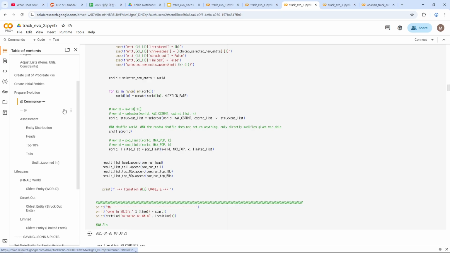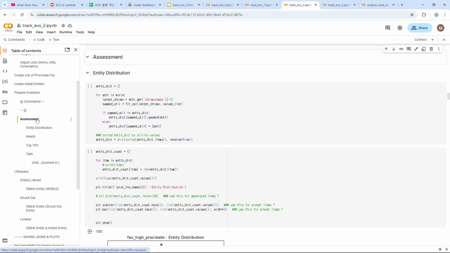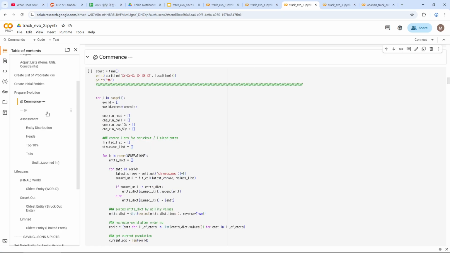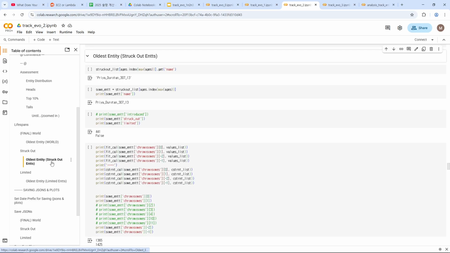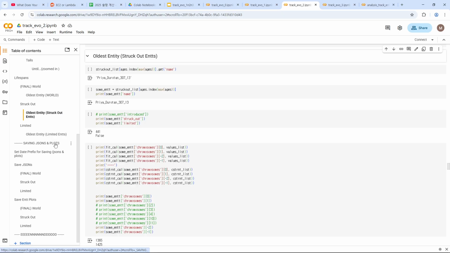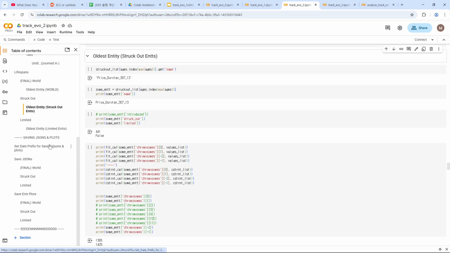Everything is the same, except that when the evolution iteration is done, I would assess it, calculate age or steps, still part of the assessment, and then I'd have the JSONs and the plots saved in the last bits of the notebook.